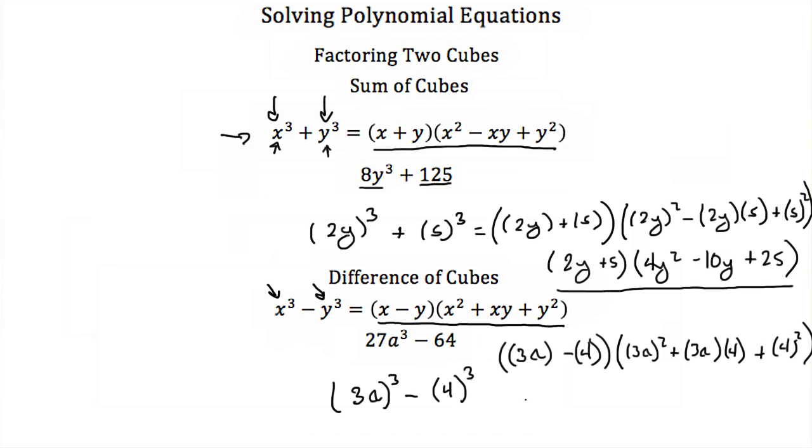Now this will simplify out to 3a minus 4, and then times 3a squared is 9a squared, plus 12a, because 4 times 3 is 12, and then we add a 16, and here is our factored equation.